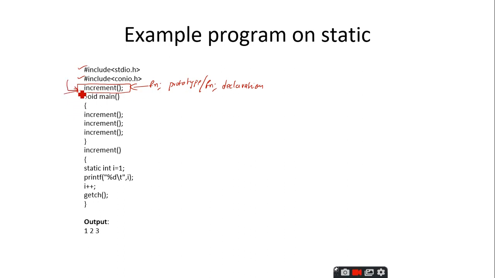So when the compiler comes across this statement, it will come to know that within this program, the user has given a definition for a function with the name increment, which has a return type of integer. I didn't specify any return type here, but why am I saying it is integer? Because the default return type of any function will be integer. So here increment is the name of the function, the return type is int, and it does not accept any parameters. This information will be given to the compiler.